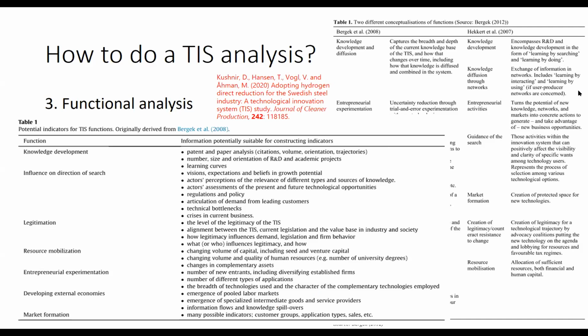So there's not a very specific method associated with TIS analysis, but I would say that it is difficult to get sufficient data on some of these functions, for instance, influence on the direction of search, without qualitative fieldwork, right? Be it interviews or other types of methods.